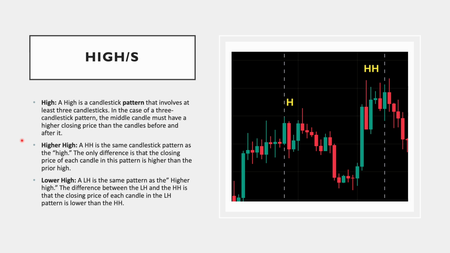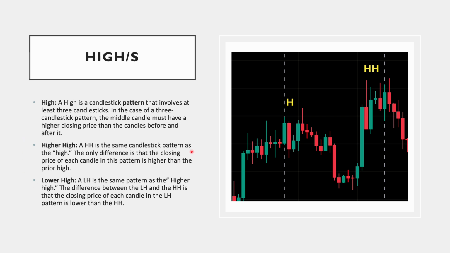The only difference is that the closing price of each candle in this pattern is higher than the prior high. A lower high, again, the same candlestick pattern. The difference is that every candle in the candlestick pattern in the lower high has to have a lower closing price than the previous higher high.